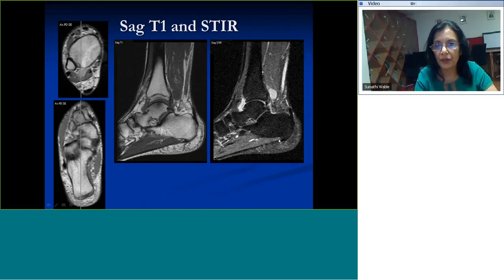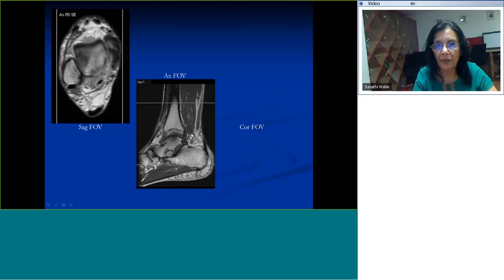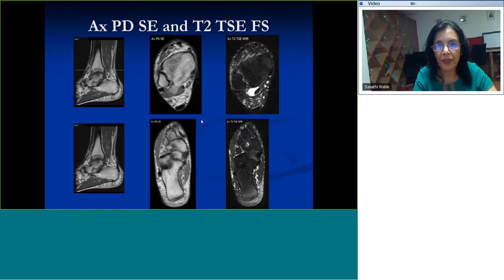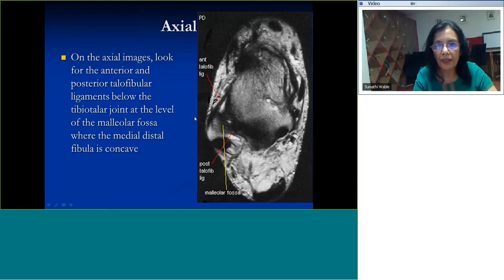Just to show you how typical ankle images look, notice that the images need to have enough signal for us to evaluate the anatomical structures. So moving on, you can either start from outer structures to in, or start with the bones and bone marrow evaluation and move out to have this same sequence of anatomical structures we want to evaluate.